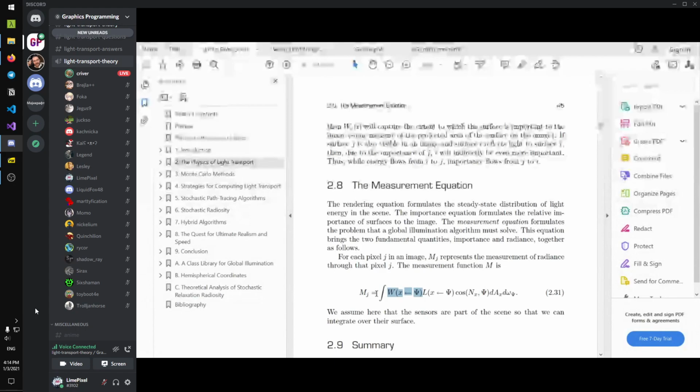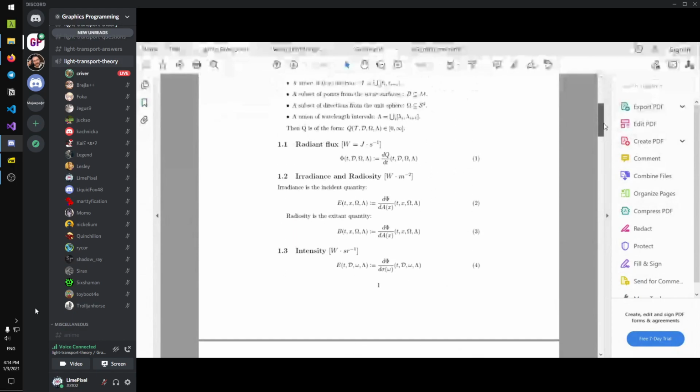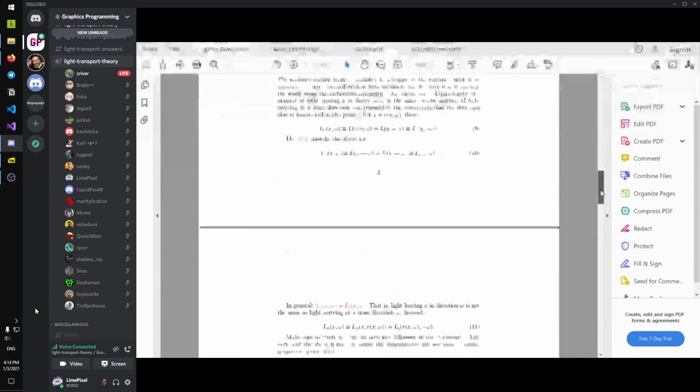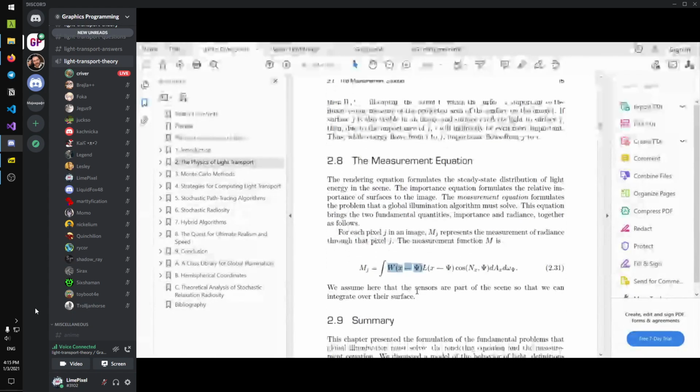If you've forgotten what the flux is, it's this thing, and we know how to compute this from radiance. But you also multiply by some weighting function of your sensor. It can be 1, but it can also be some specific function, say at some angles your sensor is less sensitive, etc. So this is really it.